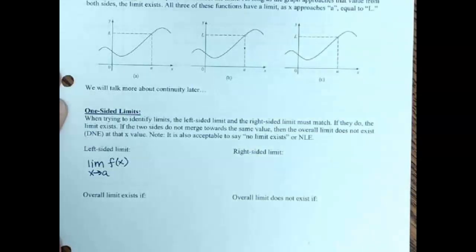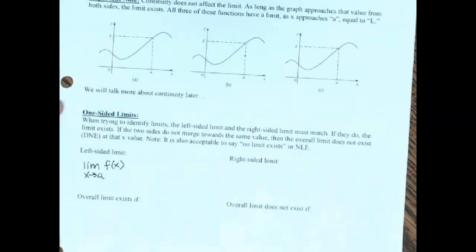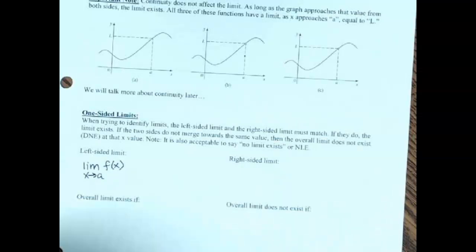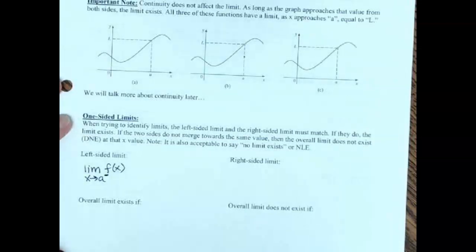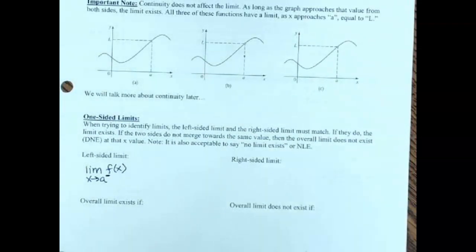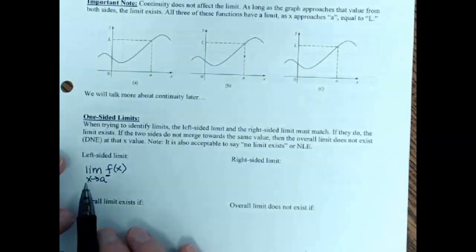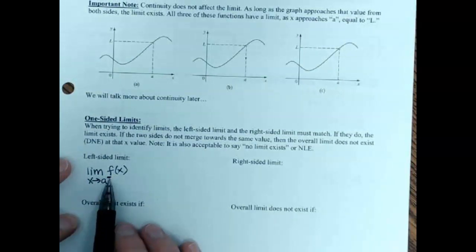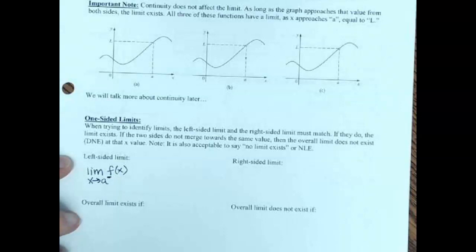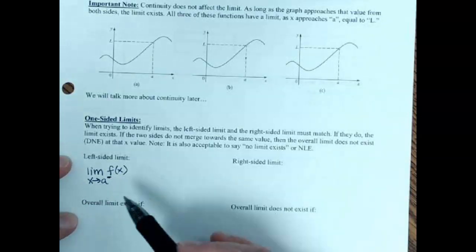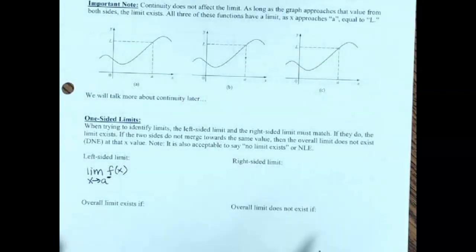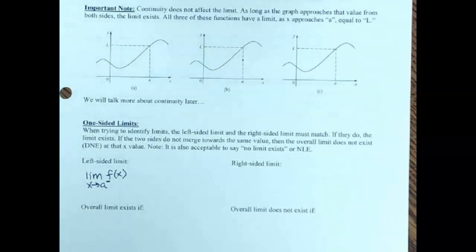That's your overall notation. To indicate that you only care about one side, you put a little negative, kind of like an exponent, on the a. So that shows you that you don't care about x getting closer to a overall, you're only caring about x getting closer to a from the negative side of a, which means the left, right? So the limit of your function as x approaches a, and then that little minus sign like an exponent indicates that it's only from the left.